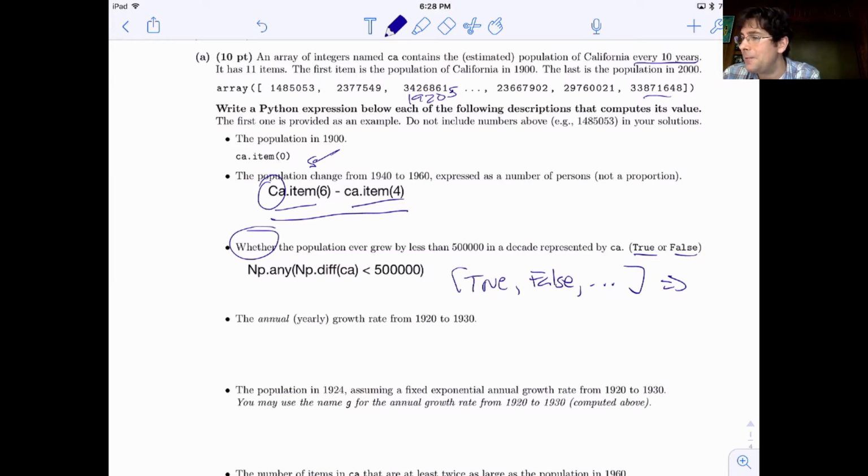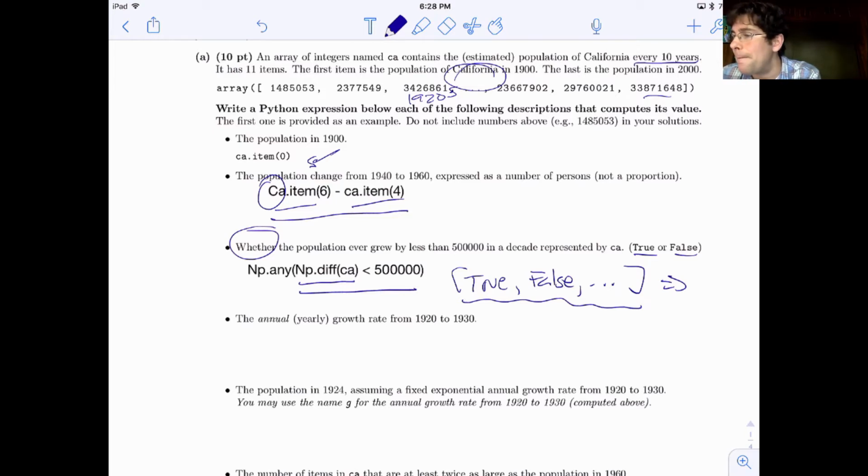So we can see when we generate a true or false value, this expression gives us an array of numbers. This expression here gives us an array of true-false values, something like this. It happens to be that they're all false, but you can't really tell that because some of the values are missing. But it happened to be false in the actual data set of the population of California.